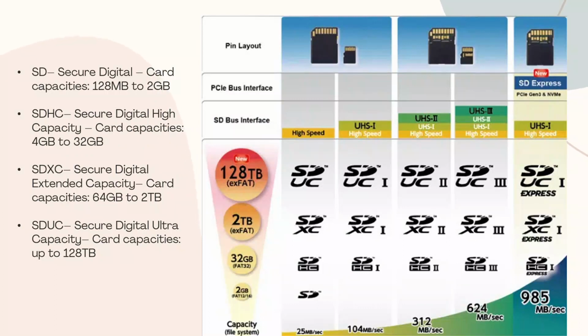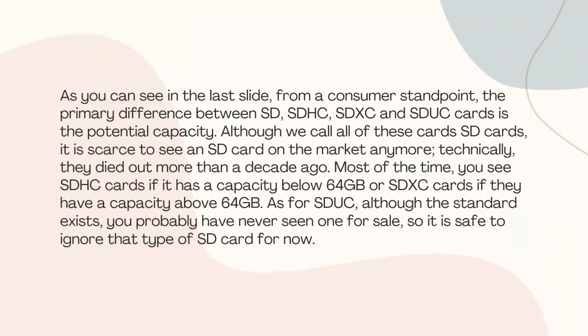The SD, SDHC, SDXC, and SDUC, and their sizes. As you can see in the last slide, from a consumer standpoint, the primary difference between SD, SDHC, SDXC, and SDUC cards is the potential capacity. Although we call all of these cards SD cards, it's scarce to see an SD card on the market anymore.